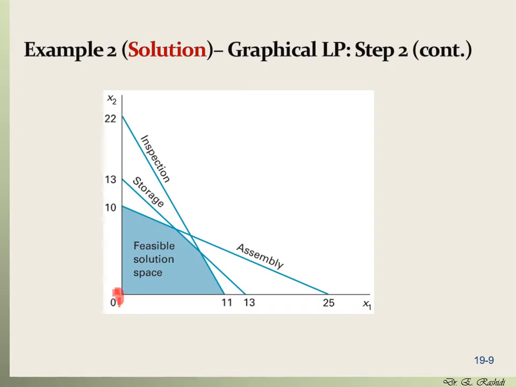According to a theorem, the optimal solution for a linear program would always occur at a corner point or extreme point. Here we have 5 extreme points. So what we can do is find the coordinates for these extreme points and plug them into the objective function and find the profit based on these points. And whichever gives us the highest profit, that's going to be our optimal solution.